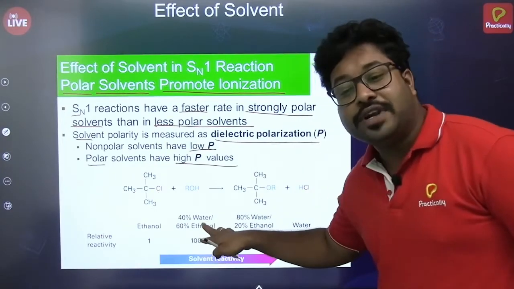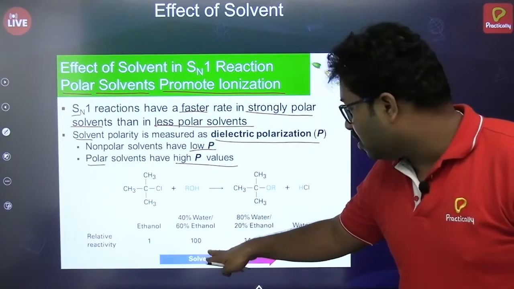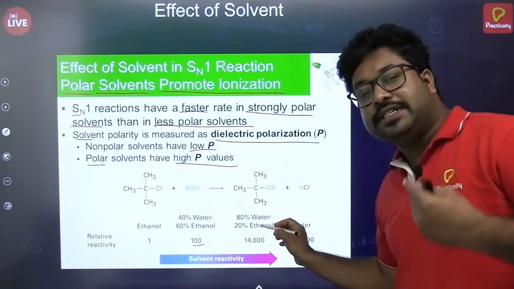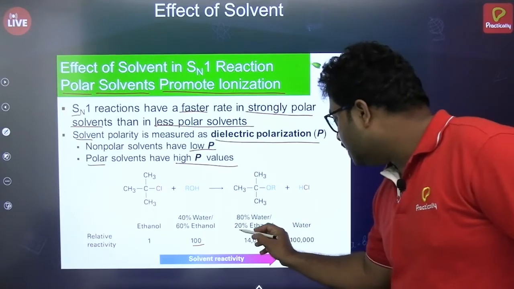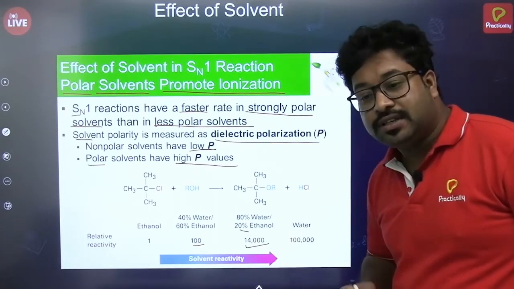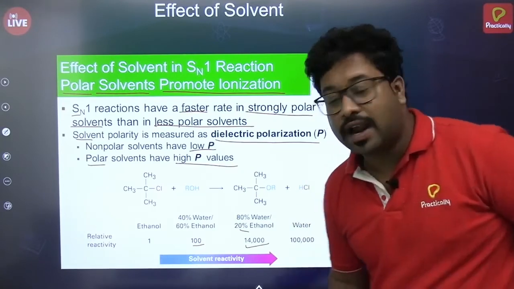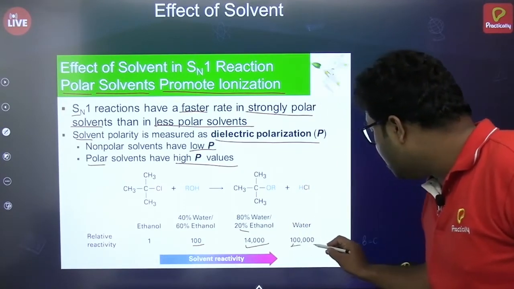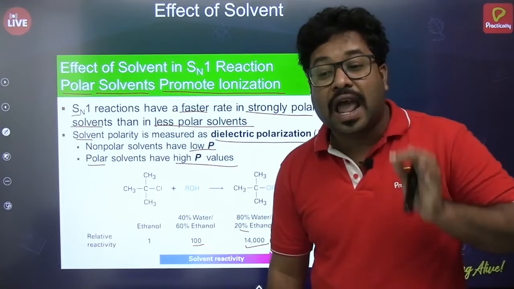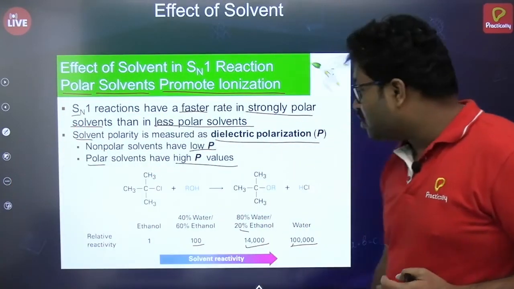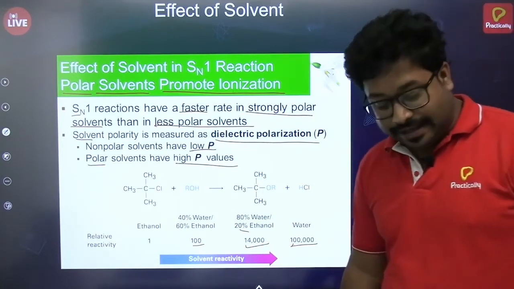They took 40% water, 60% ethanol. See, the rate became 100. Then they took 80% water, 20% ethanol. The rate became 14,000. Lastly, they took all water and no alcohol at all. Then the rate became what? 1 into 10 raised to 5, 1 lakh. So as the polarity of the solvent increases, the rate of reaction also increases.